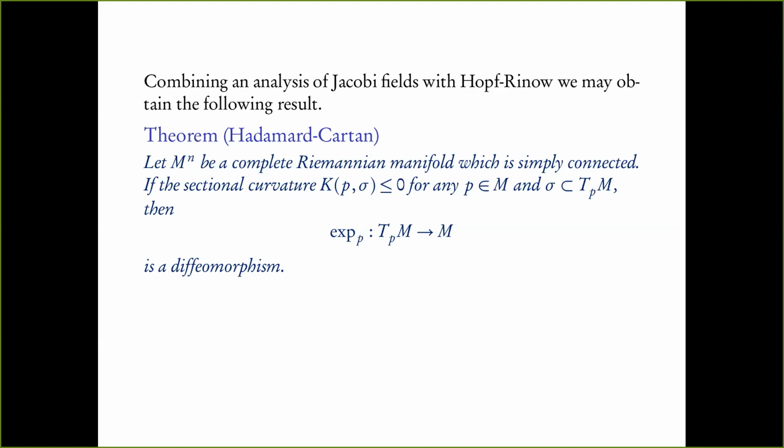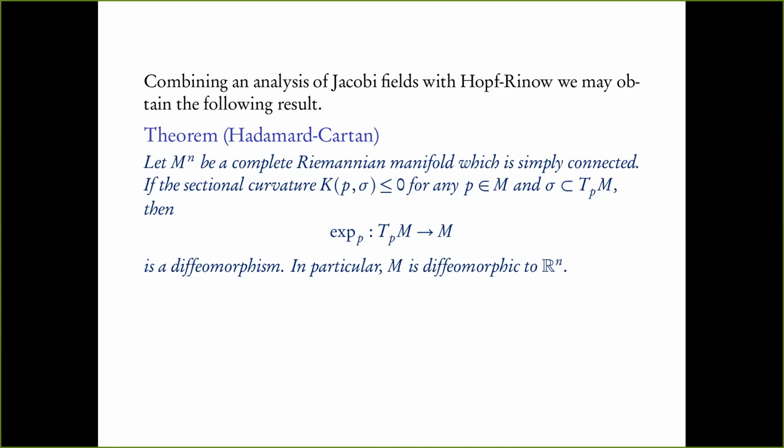And then you have to somehow analyze what non-positive sectional curvature buys you to claim that this map is a diffeomorphism. So all we know so far is that the exponential map at p is usually not defined everywhere. Even if it's defined on T_pM, it's a local diffeomorphism at the origin. That's the crucial thing, right? But they're saying it's a diffeomorphism on its own, which means M is diffeomorphic to T_pM, but T_pM is basically R^n, so M is diffeomorphic to R^n. So that's a very beautiful result, right?